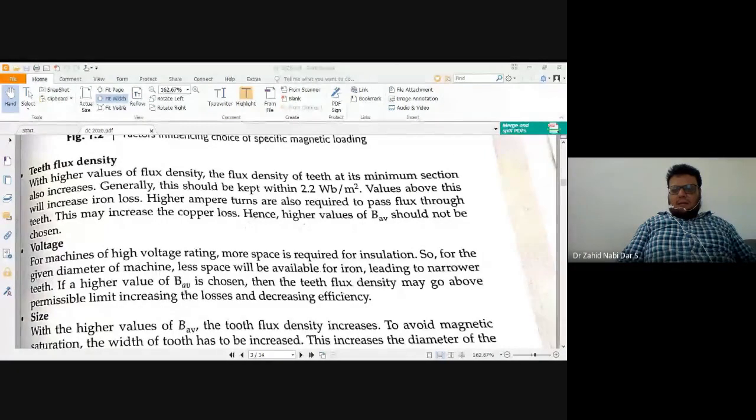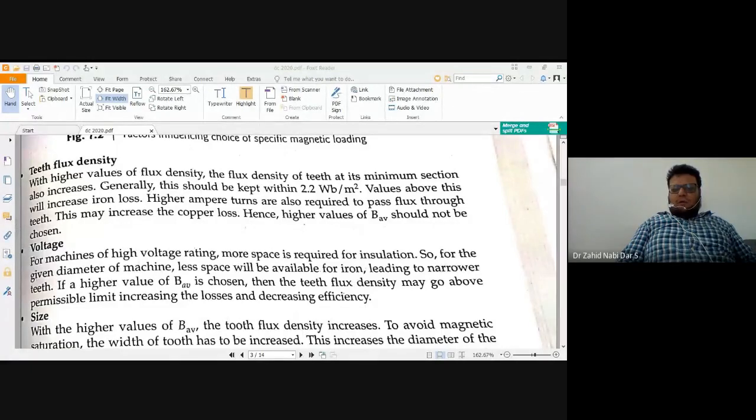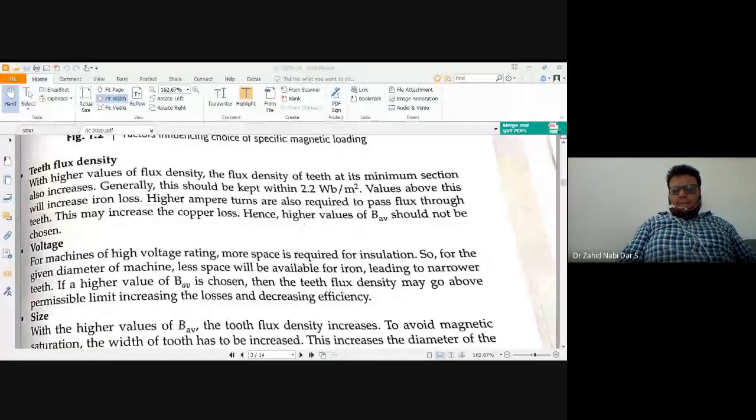So what was I talking about? Tell me. What am I teaching today? Induction motor or DC motor? Induction. Yeah, very good. So I am teaching induction. Keep it up. Atul Patania.